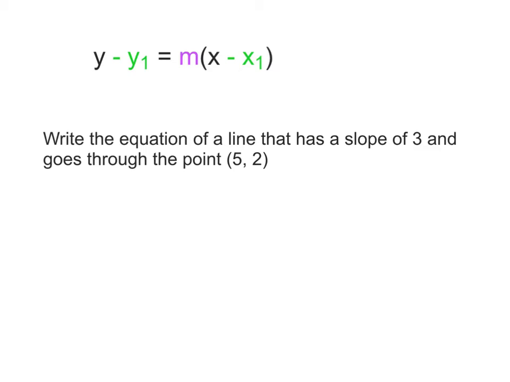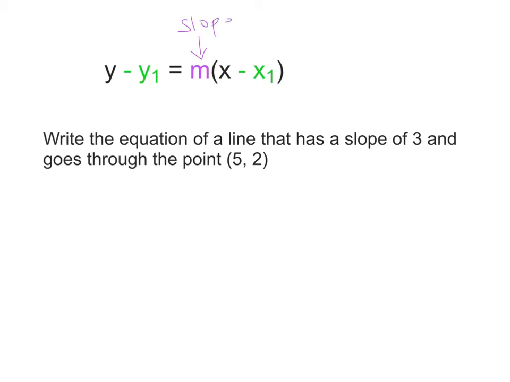So let's remember that when we have this form right here, again, our m is still slope, okay? But then remember that our x1 and our y1 in this equation is a point with the coordinates of x1 and y1. Now one thing you have to remember is when we were graphing these in a previous unit, we needed to take whatever value was in this parenthesis, for example, right here.